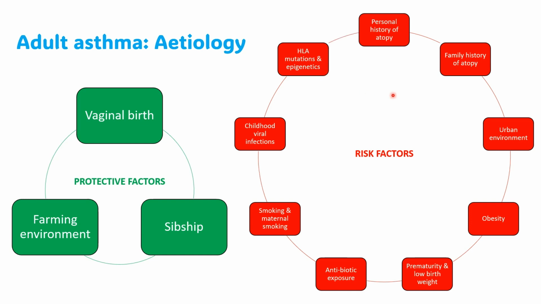Okay, so essentially what we mean by the hygiene hypothesis is that the child's environment is too clean in the postnatal period. So essentially this prevents the maturation of the immune system. Okay, and this is just a theory at the current time, and more research is needed.